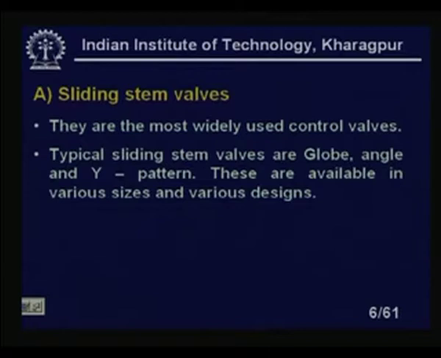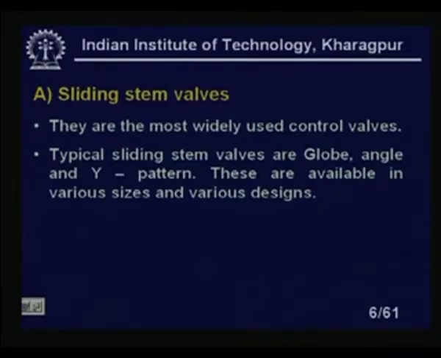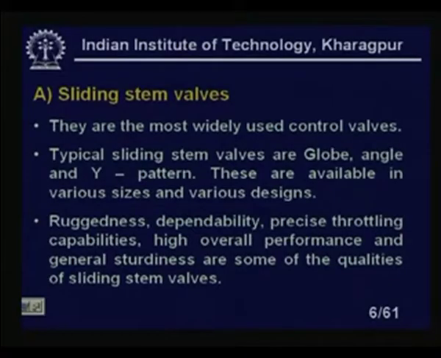Typical sliding stem valves are globe valves, angle, and Y pattern. These are the three different patterns we will see. These are available in various sizes and designs, very widely used control valves. They are known for ruggedness, dependability, and precise throttling capabilities. Throttling means precise passing of the liquid.